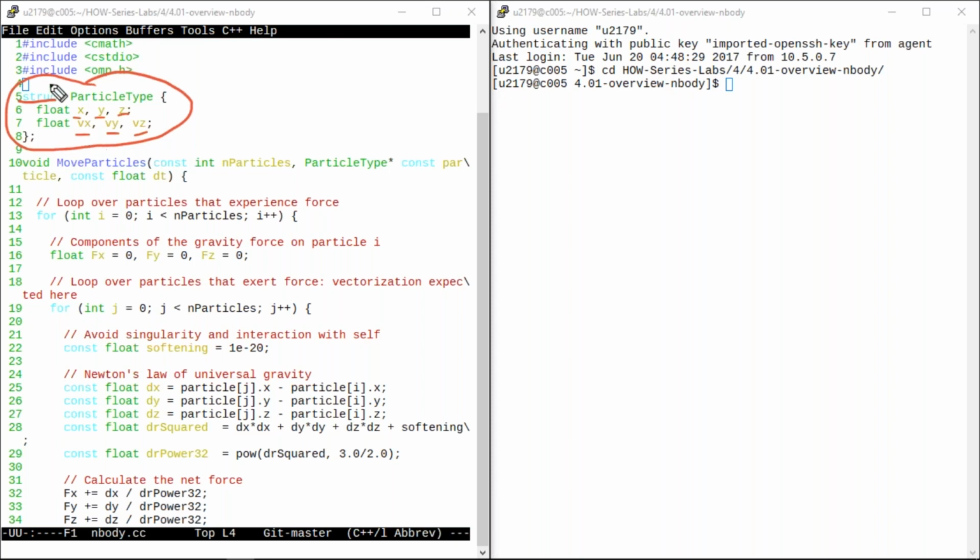Why not store it in a convenient object representing a single particle, and then create an array of such structures? Even though it looks logical, and it actually seems like good programming style, because it is object-oriented programming, it is not optimal in terms of performance, and we will see why later.